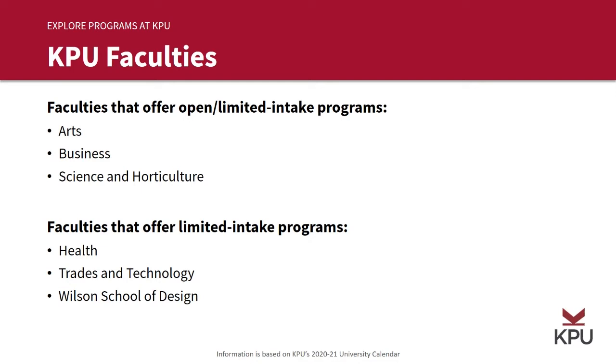The difference between open intake and limited intake is that open intake does not have a set quota when it comes to admitting students into the program. What that means is there's no set number of students that they can admit. So if you think that is the program you would like to go for, you can simply put in the program declaration request in order to join their program.